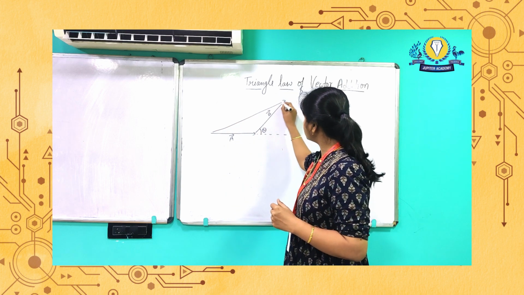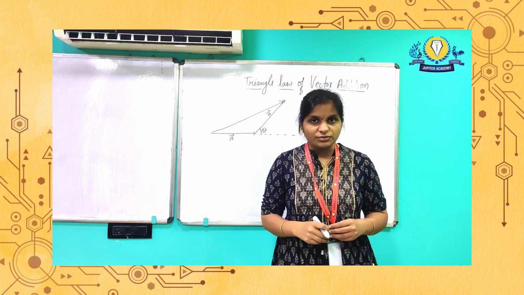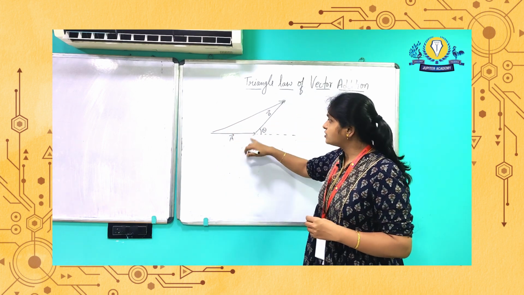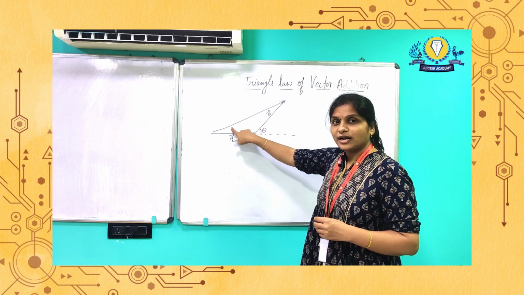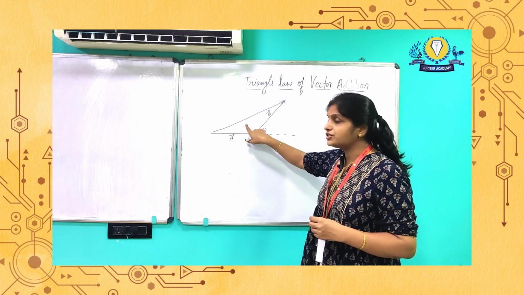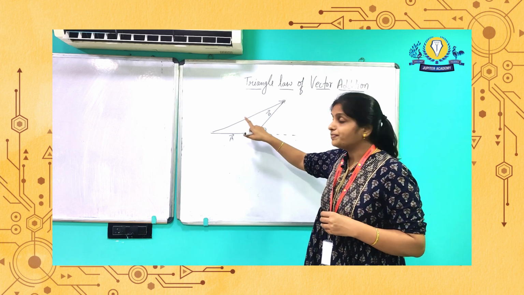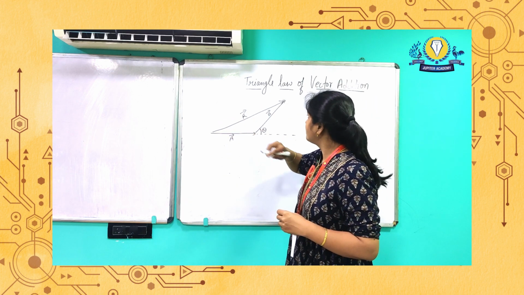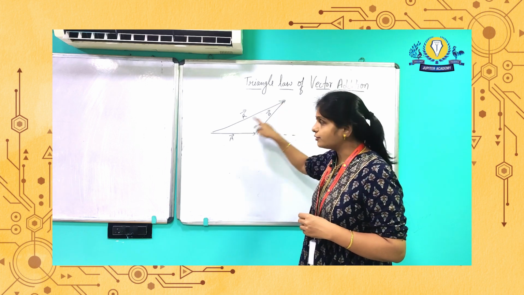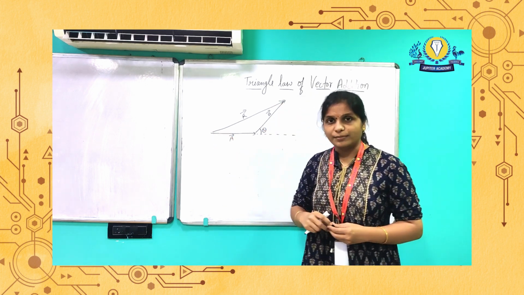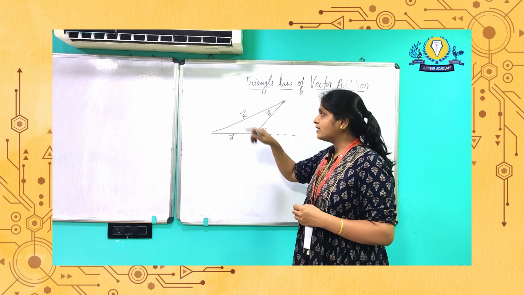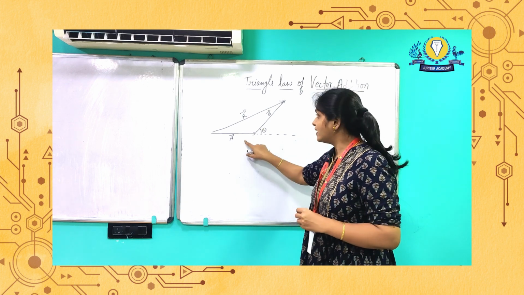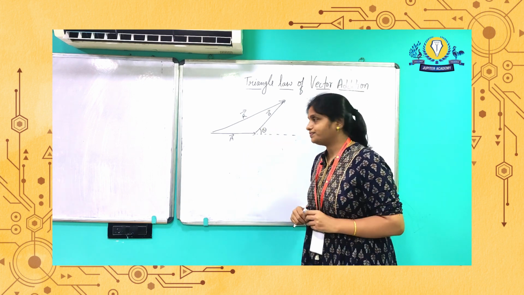The third side of the triangle is this one. The resultant of these two vectors will be represented by the third side of the triangle which is in opposite order. Now see opposite order. This is your resultant vector. Heads are coming together and tails are coming together. So R is in opposite order and A and B are in order.